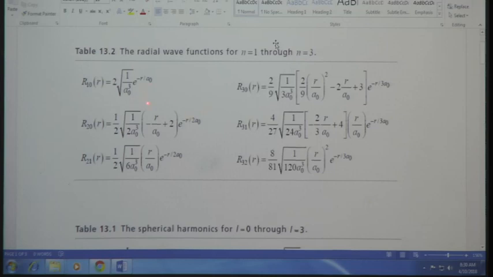This function never crosses 0. Now what about this function? This polynomial does cross 0. It has a zero crossing. How do I find the zero crossing? I just take this polynomial and equate it to 0. When I equate this to 0, at a value of r equals 2a naught, it will cross 0. And this is what we observe here.